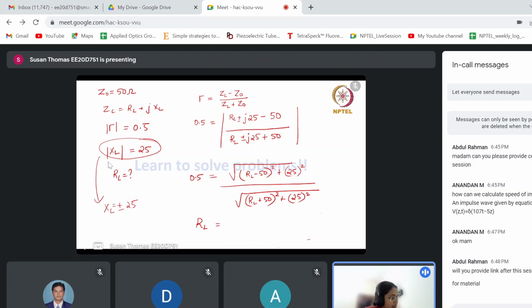Squaring both sides, you get 0.25 equal to ((RL minus 50) the whole square plus 25 squared, which is 625) divided by ((RL plus 50) the whole square plus 625). From this, it's very clear how many possible values of RL there are. What is the number of possible solutions?